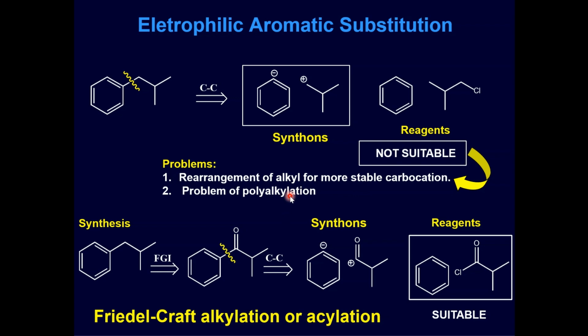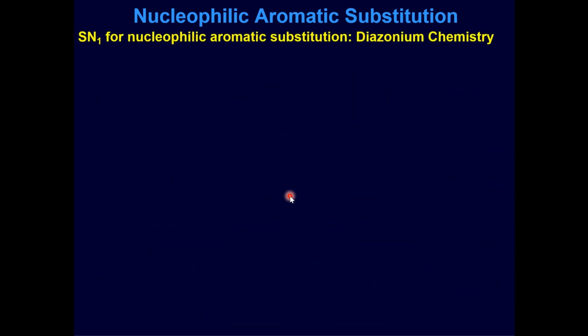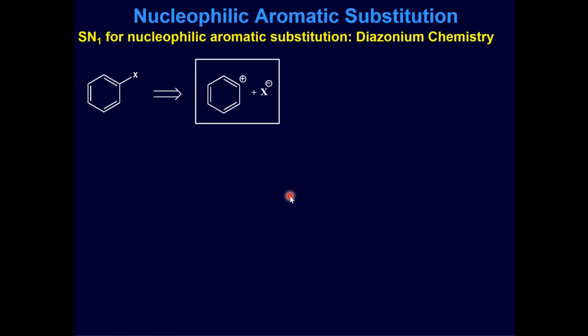Not only electrophilic aromatic substitution, we can also carry out nucleophilic aromatic substitution under special conditions. In the diazonium chemistry we follow, I have to add X. It can dissociate into benzene and X minus.